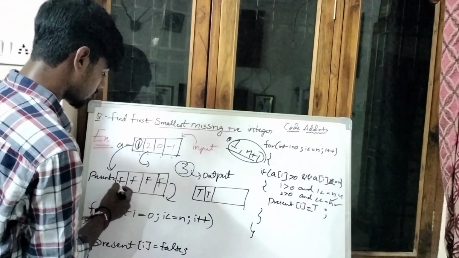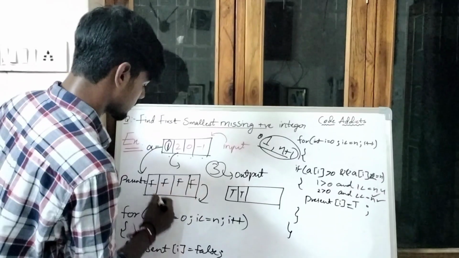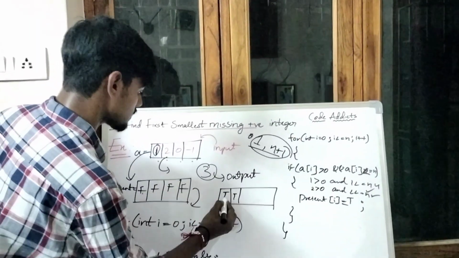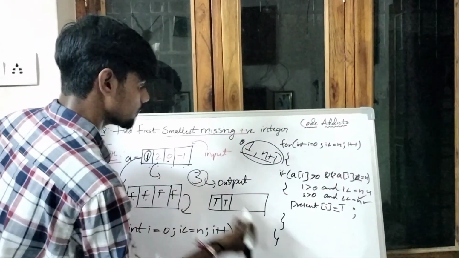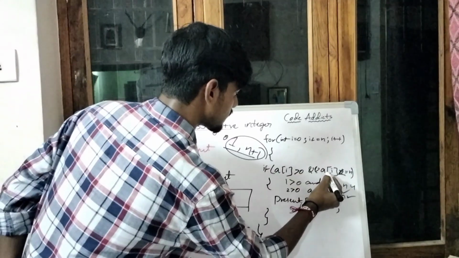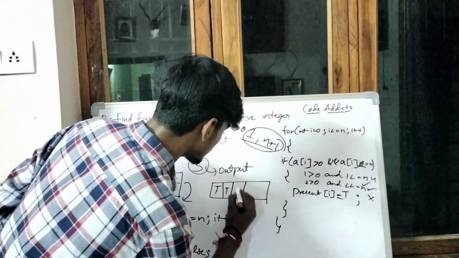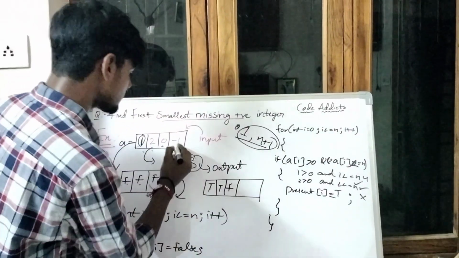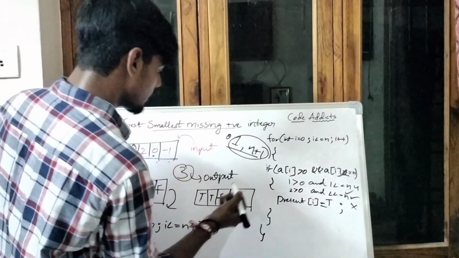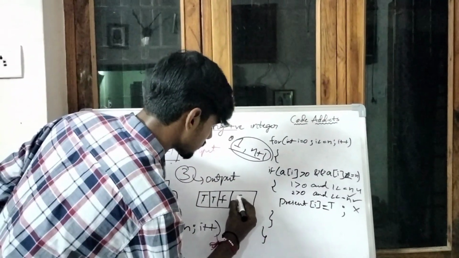Here we should observe that false is changed to true, and likewise. Next 0 is greater than 0 and less than or equal to n, the answer is false, so the false value stays false. And here is the negative value. We know that the negative will also be ignored, so it is also false.